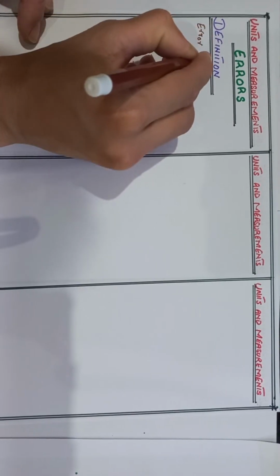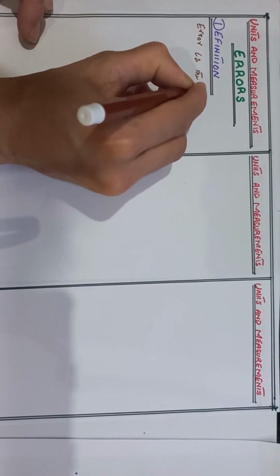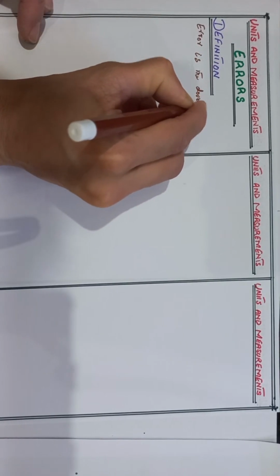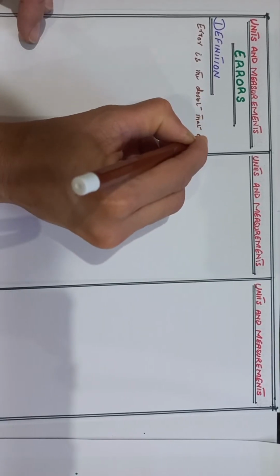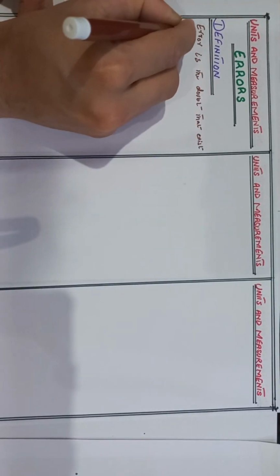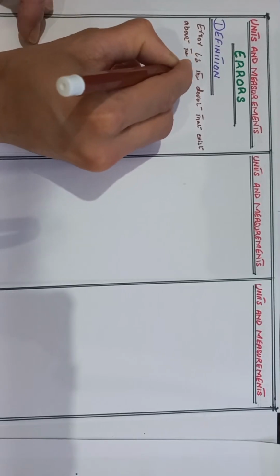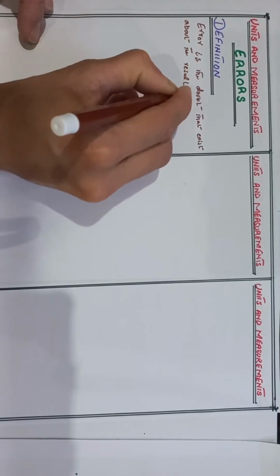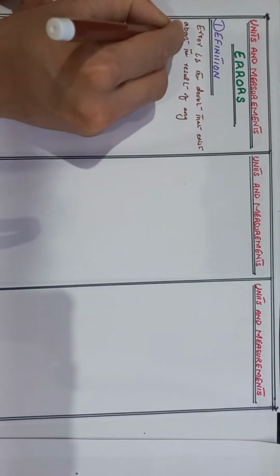Error is the doubt that exists about the result of any measurements.